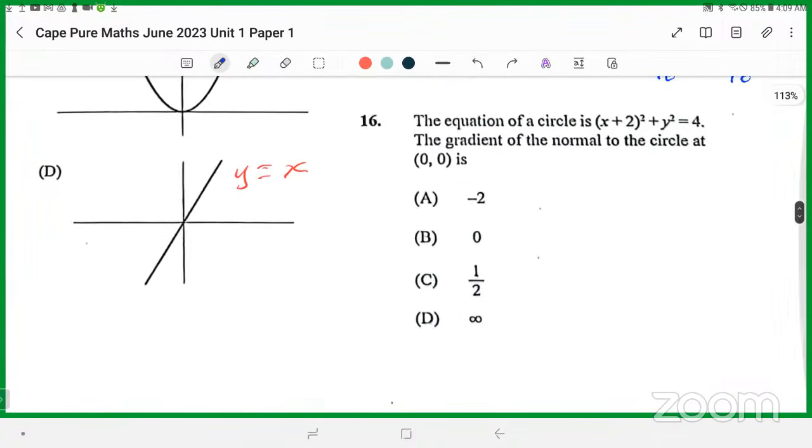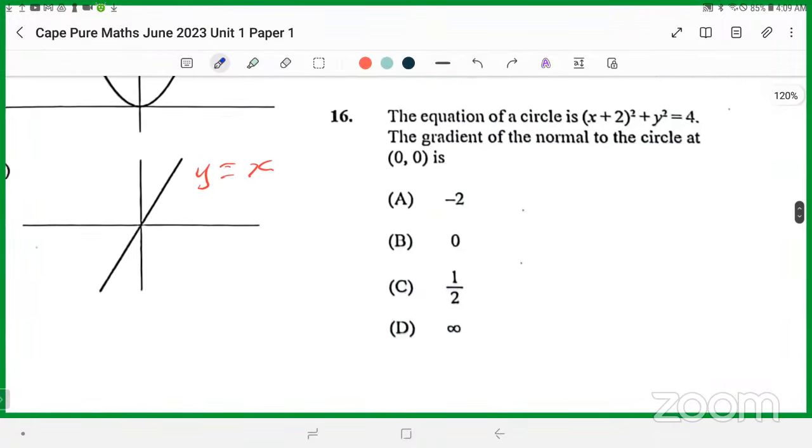Next one says the equation of the normal to the circle at the point 0, 0. So that is the origin. The question is, where is the center of the circle? The center is going to be minus 2, 0.